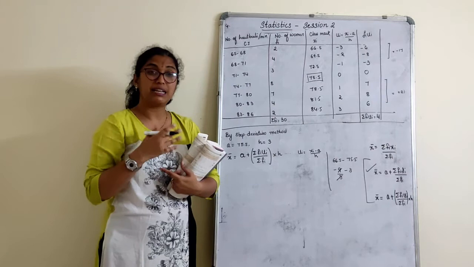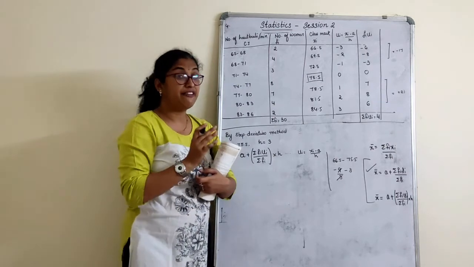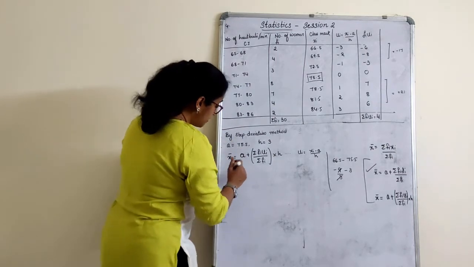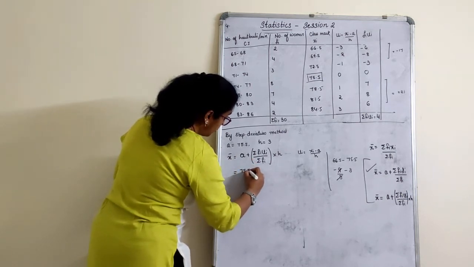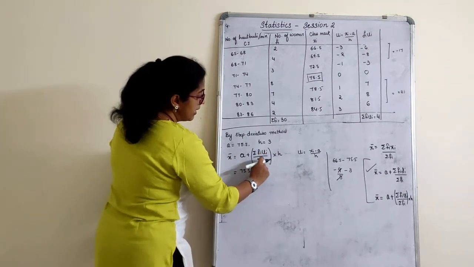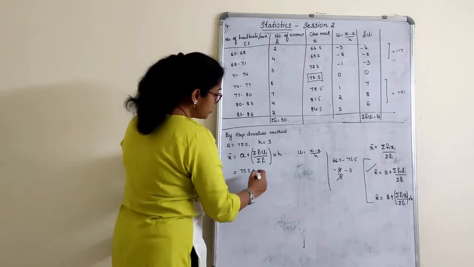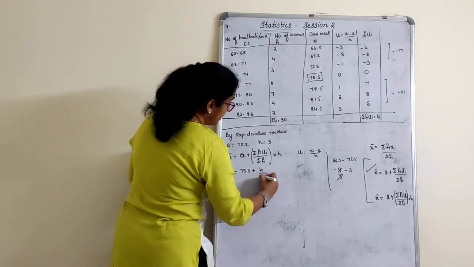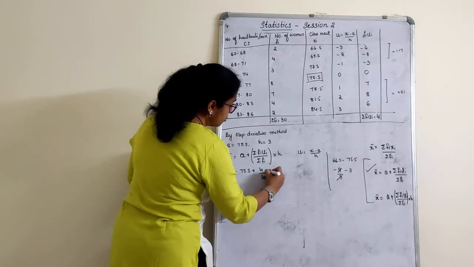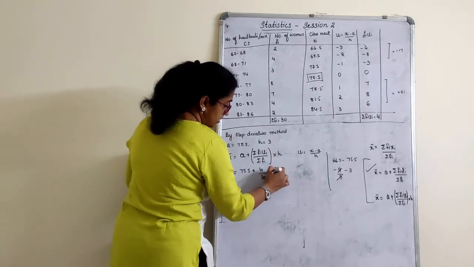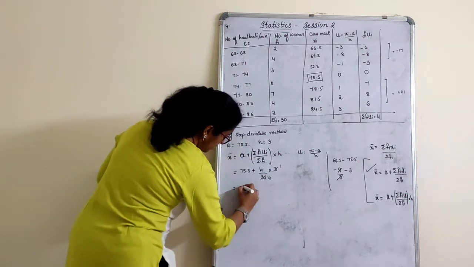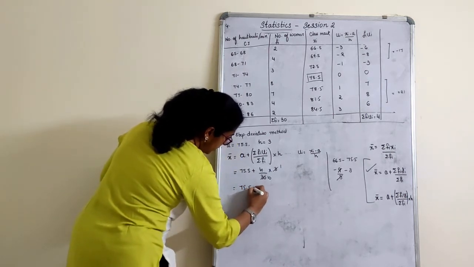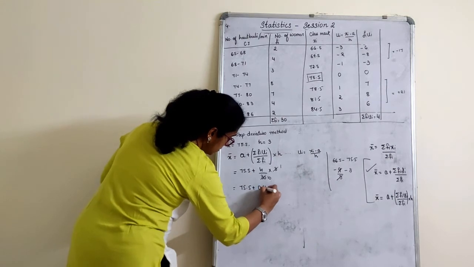That is why usually step deviation assumed mean method everybody prefers. Okay, let us substitute. Assumed mean is 75.5 plus Fi Ui is 4 divided by 30 into 3. 3 ones are 3, 3 tens are 75.5 plus 0.4.